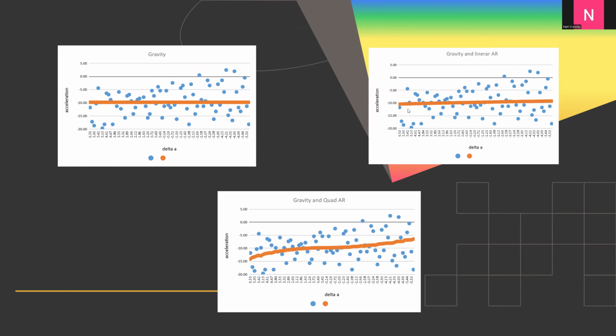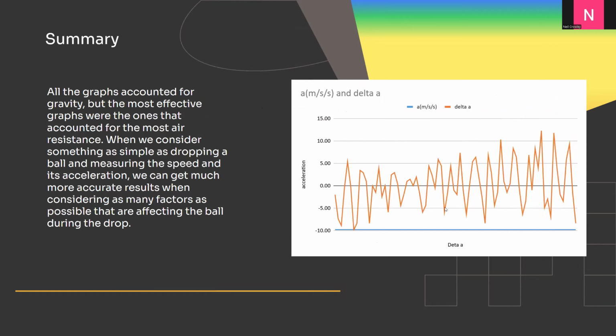This one is linear air resistance, so it jumps around a little bit more, but it's still basically straight. But it accounts for more than just gravity, so it's a little bit more precise than this one. And gravity and quadratic air resistance jumps around more. It's showing more being affected by the ball, and it is much more precise than the other two.